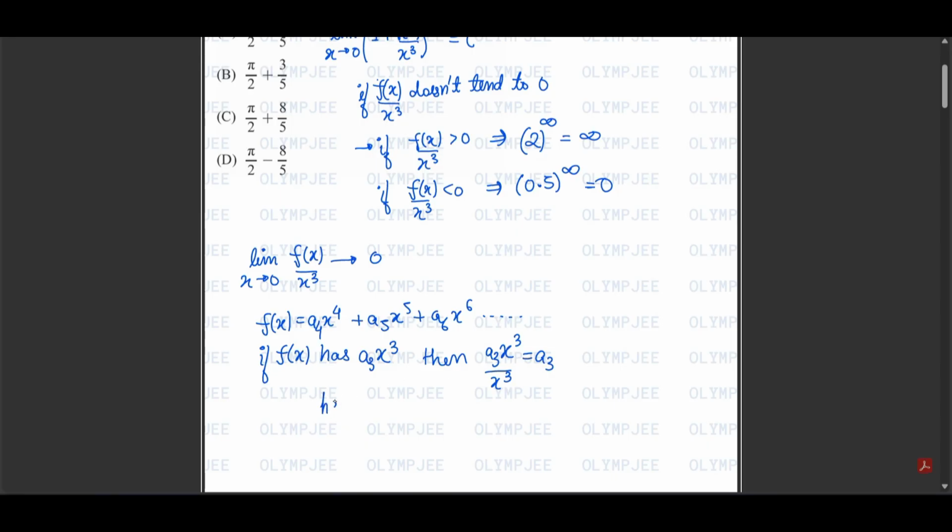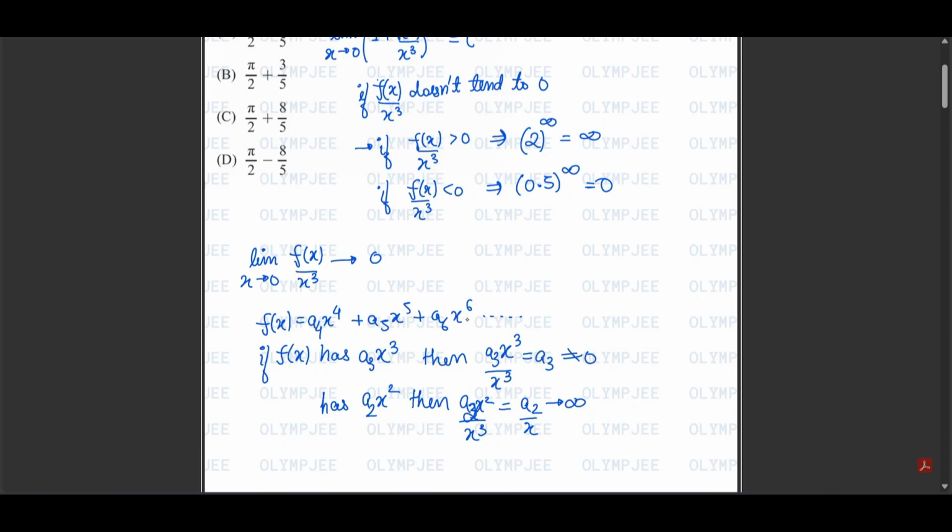Or if it has something even smaller than the power 3, like a2 x square, then a2 x square by x cube will become a2 by x, and since x is tending to 0, this will become infinity, right? And this is also not equal to 0.